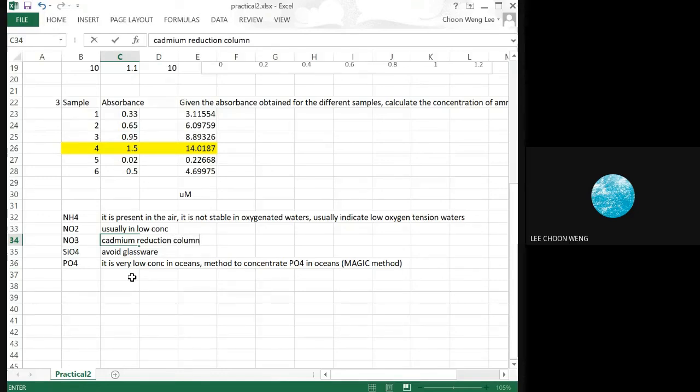You have to use a cadmium reduction column where all the NO3 is reduced to NO2. Okay, then NO2 is measured.